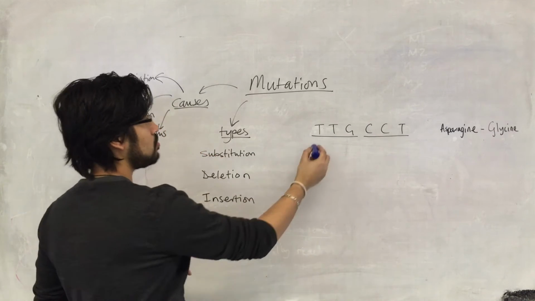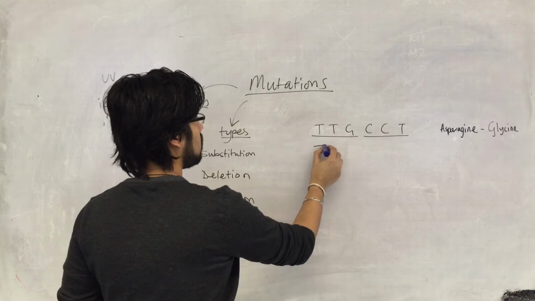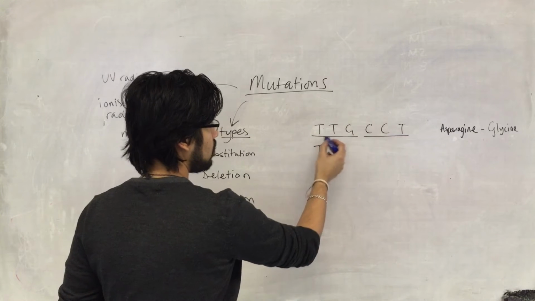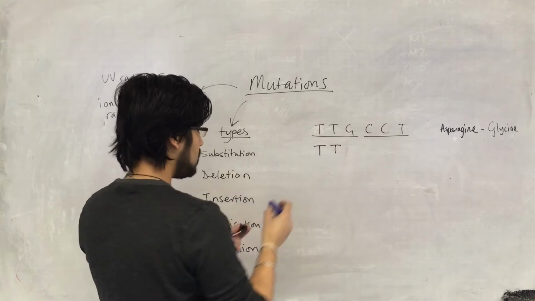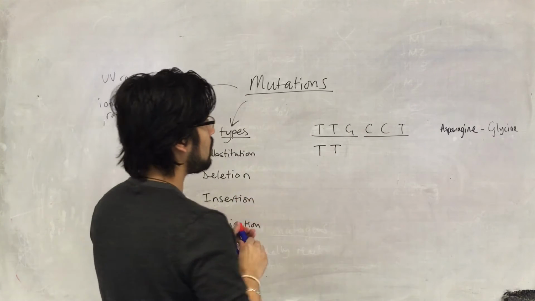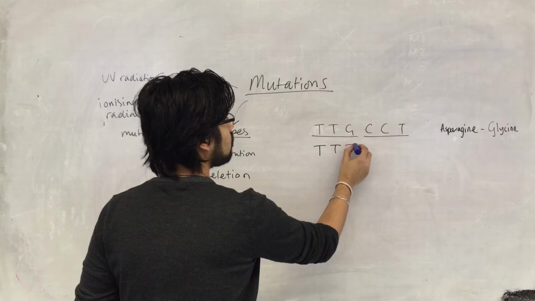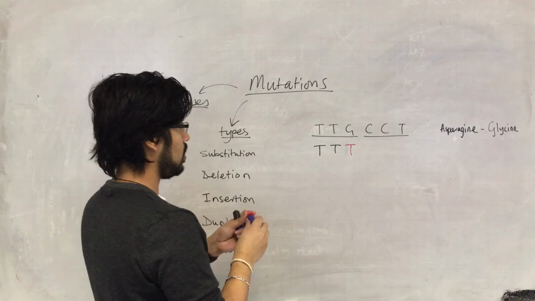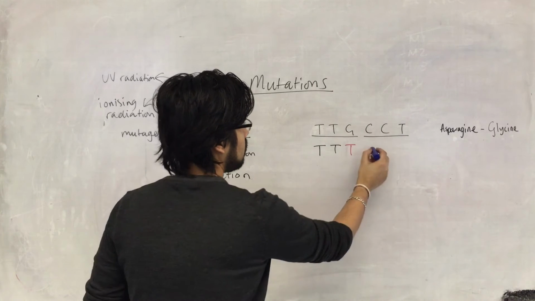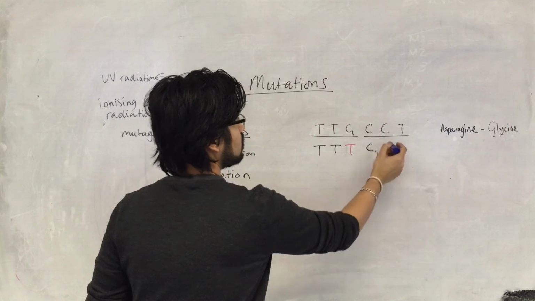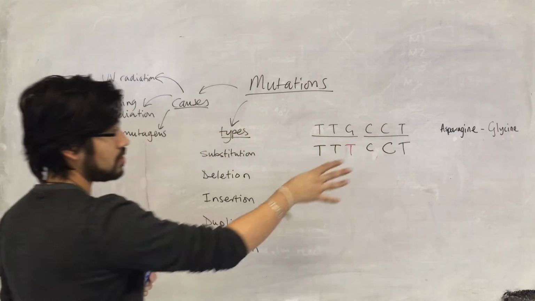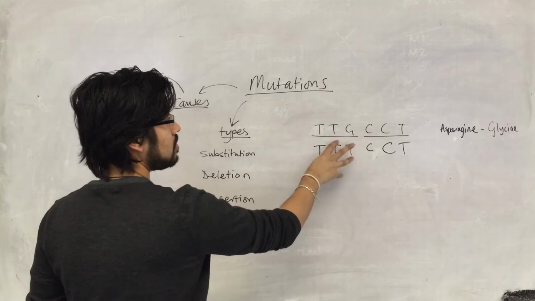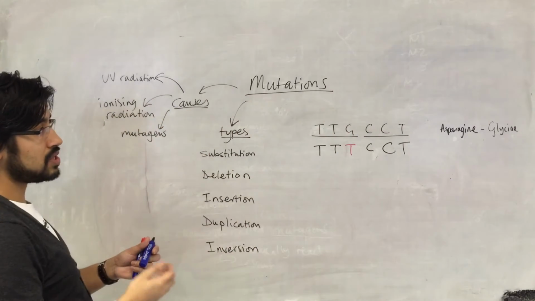So our sequence here on the template strand would read T, T, and instead of G, for example, it might change to T. This would carry on and be read in the same way, no other changes. So the only change here is that G has changed to a T.